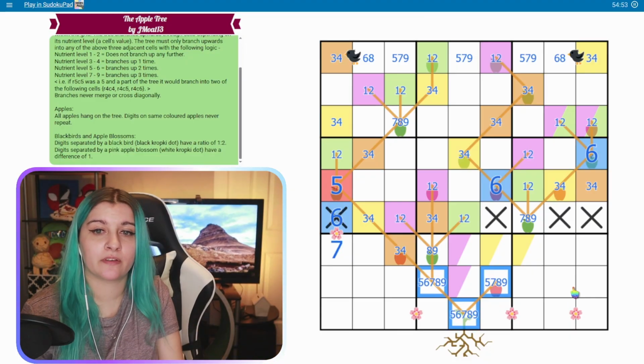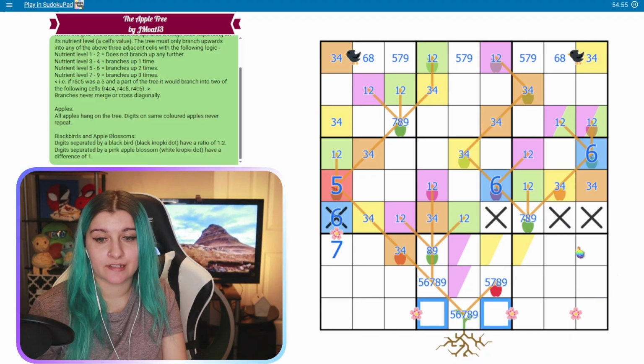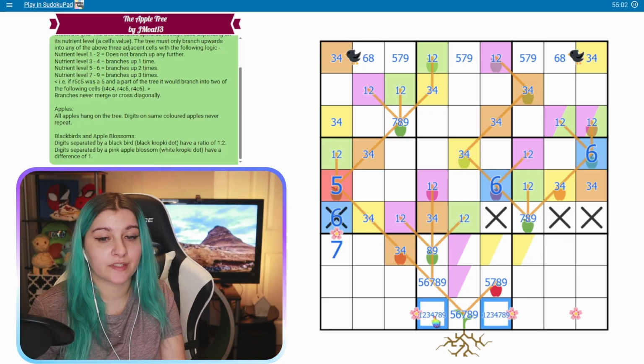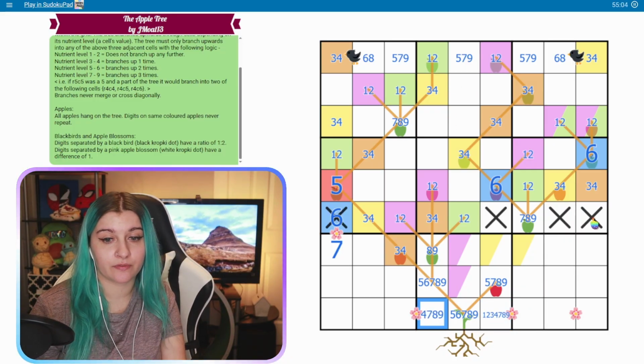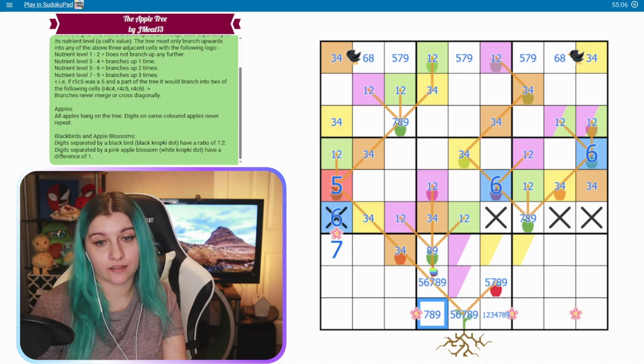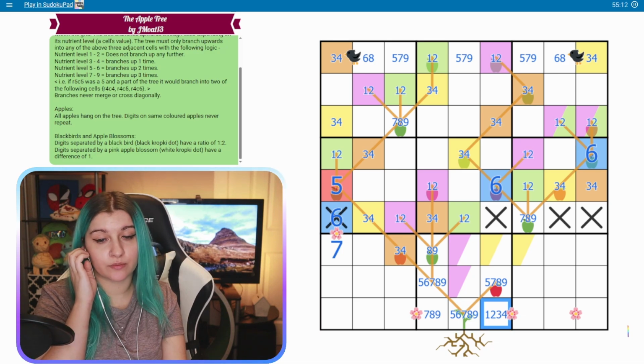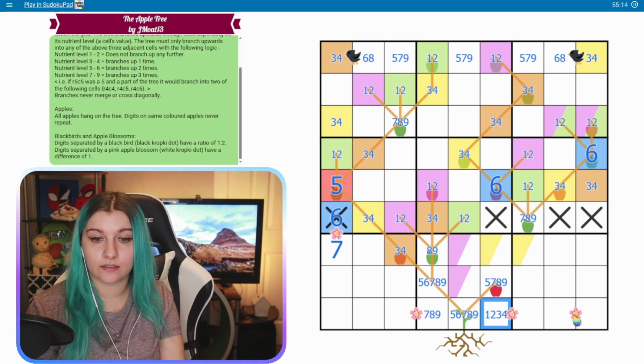So I won't be able to put 5, 6 here. So this is just 1, 2, 3, 4, 7, 8, 9. This can't be a 1, 2, 3, 4. So this is a 7, 8, 9. So this is my 7, 8, 9, meaning this won't be a 7, 8, 9. This has to be a 1, 2, 3, 4. Okay.